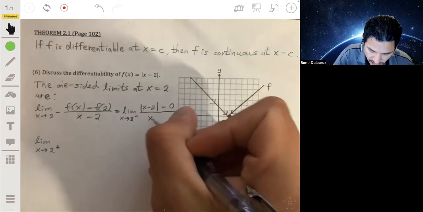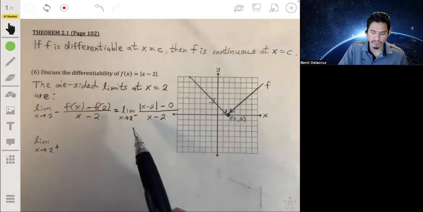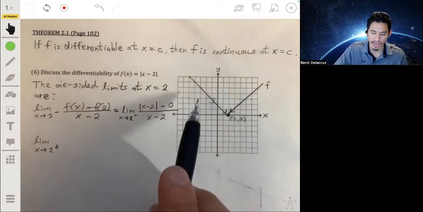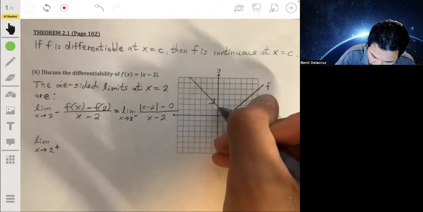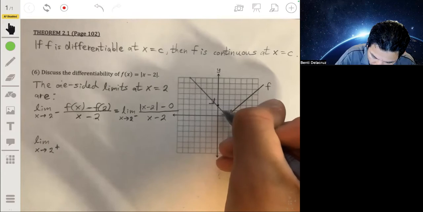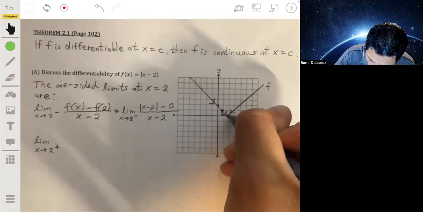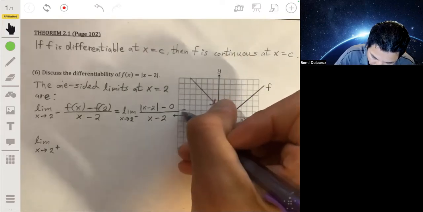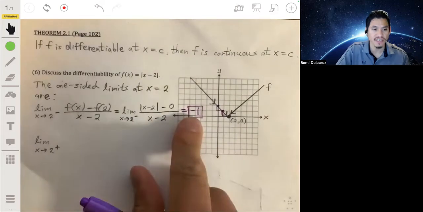Let's look at what this is going to equal by analyzing the graph. If we're coming from this side, we can tell that we're going down 1 to the right, so our slope is just negative 1. So this is going to be equal to negative 1. The derivative from the left side is negative 1.